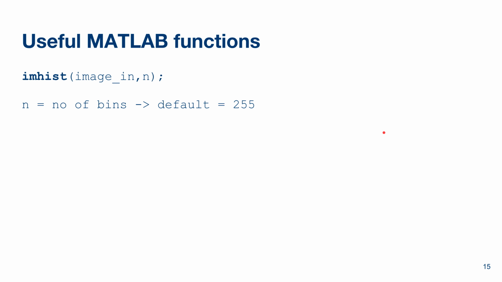So there's a MATLAB function, imhist, which we can use. You just have to tell it the input image, and the number of bins that we want. The default is 255.